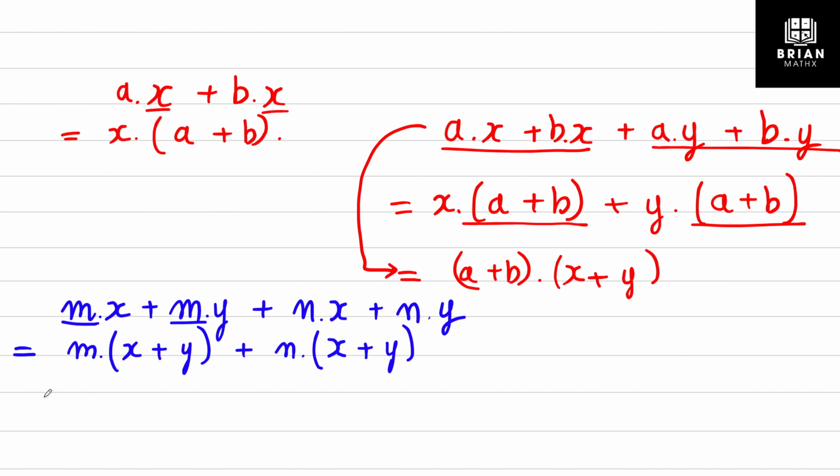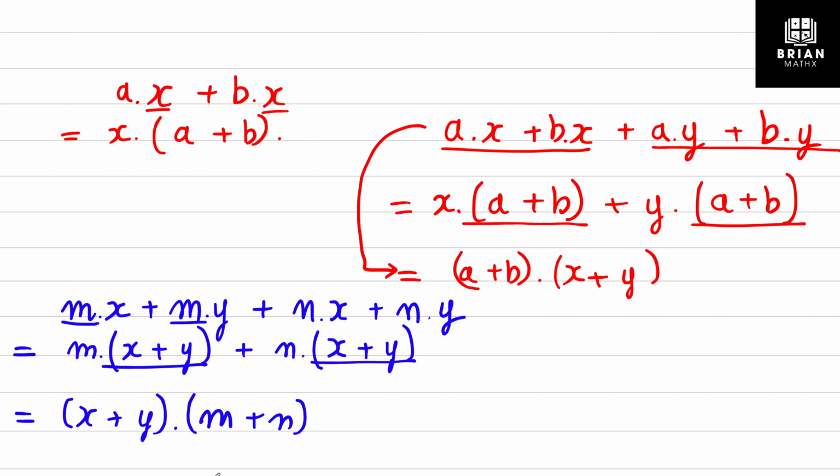After this step you have m(x plus y) and n(x plus y), and x plus y is a common factor of the two terms. So I take the common factor first, and in another bracket you have m and n. So here is my result. That is not too difficult, right?